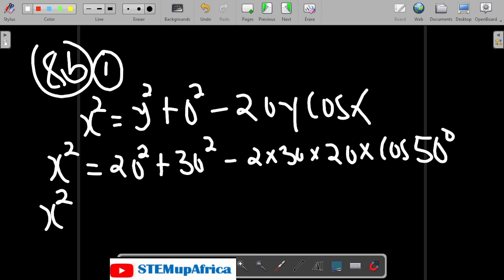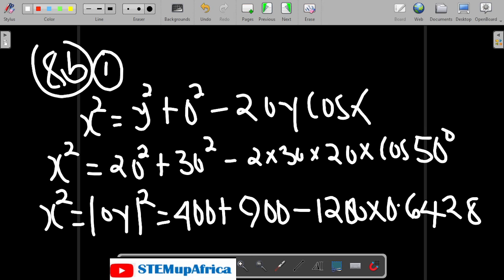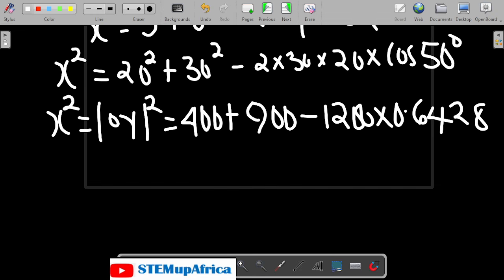So x squared, which represents OY squared, is 400 plus 900 minus 2 times 600, that's 1200, times cos 50. Cos 50 gives us 0.6428.